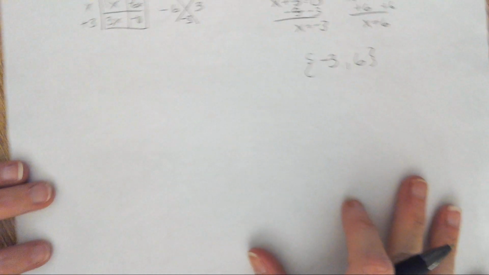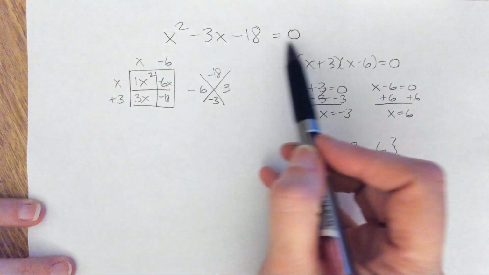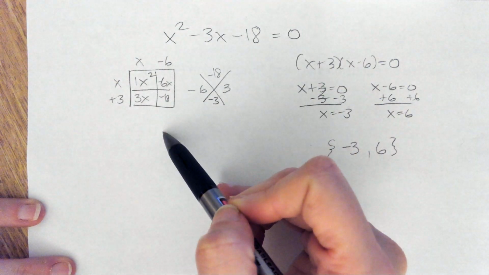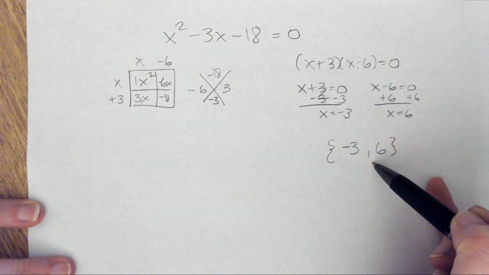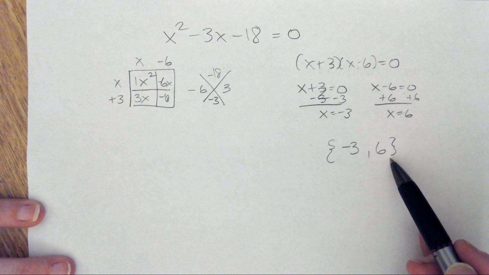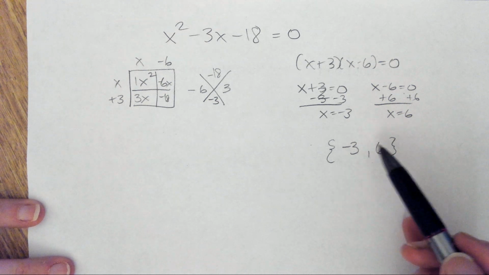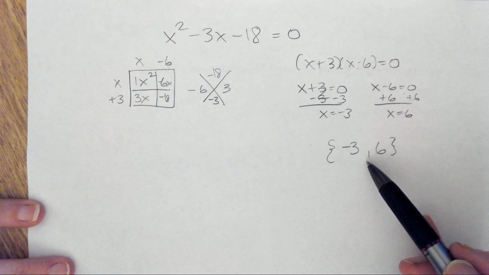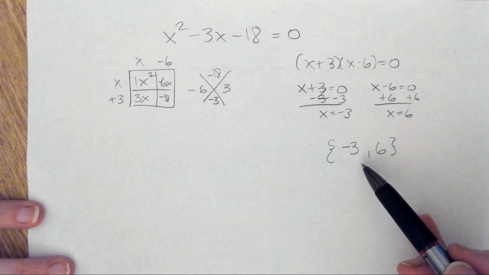So that's how I go from a quadratic function. I factor, I set the factors equal to 0, and then I get my solution set. Now again, this is set notation. I call it fancy brackets, but what it really means is the set of values that make my equation true.